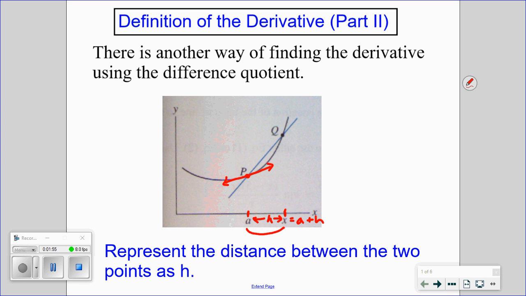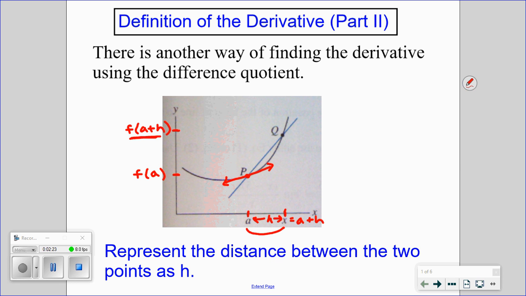So our y values are now f of a and f of a plus h. The only thing really changing is this value. Previously we called that f of x, and now we're just calling it f of a plus h, and we're letting the distance between a and x equal h.